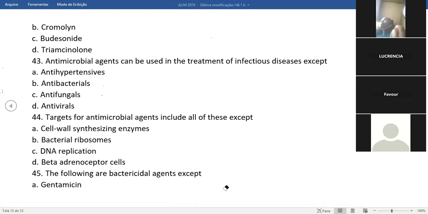Bromelain. Antimicrobial agents can be used in the treatment of infectious disease, except antihypertensive.